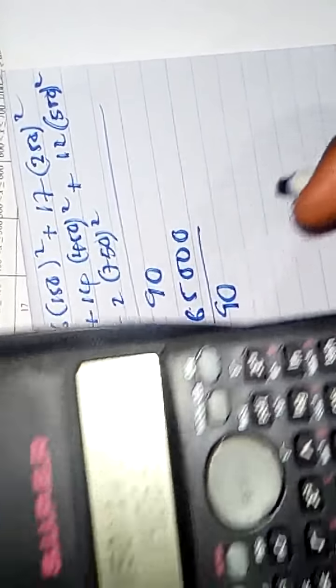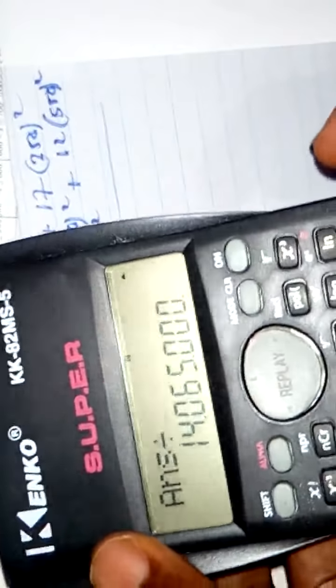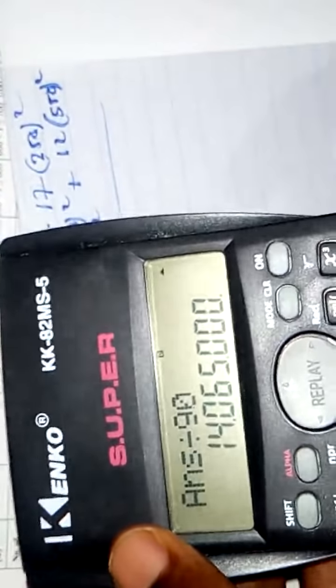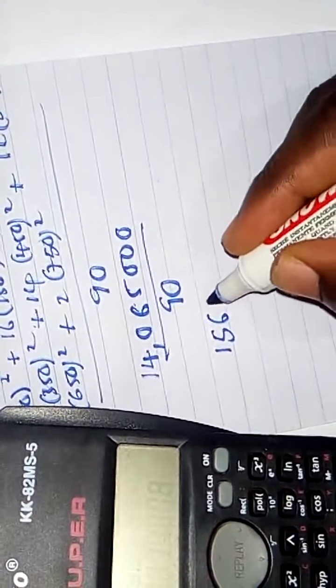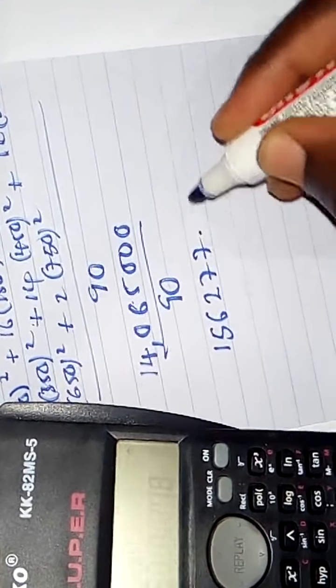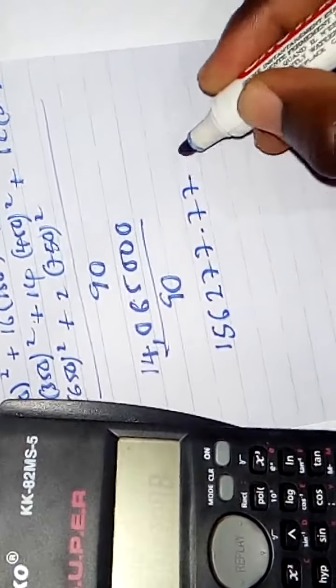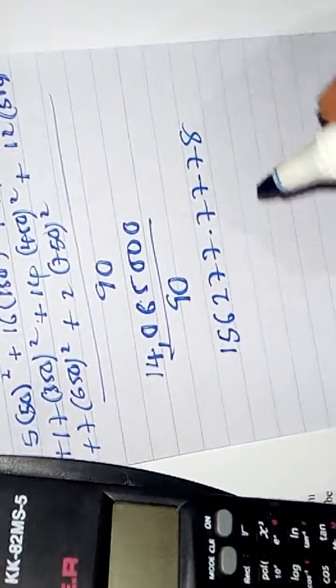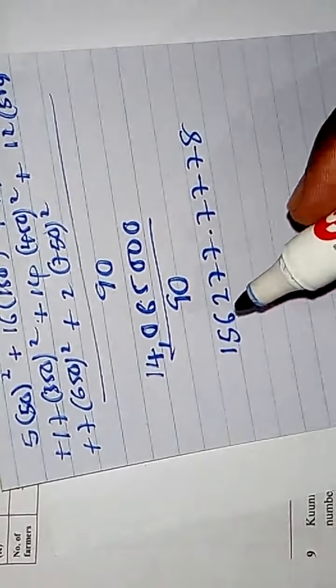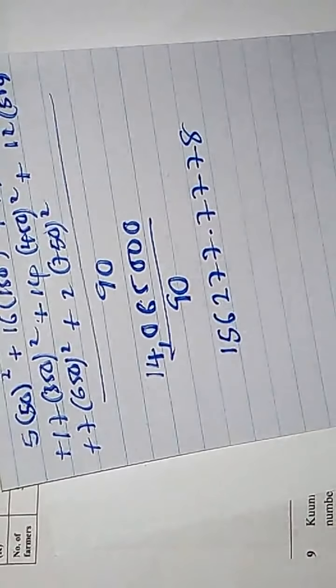So divide this number by 90, and we get something like 156,277.7778.